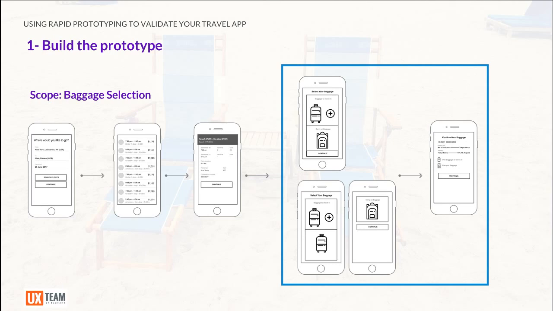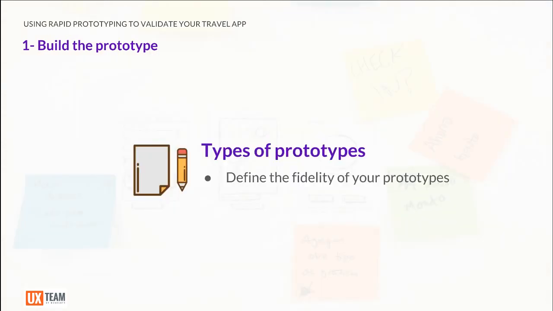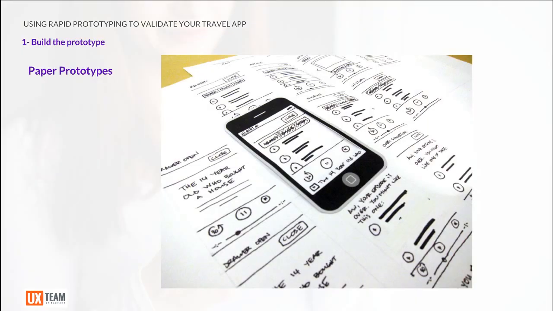But first, we need to define the fidelity of the prototype, and it will vary between two different types. The first one is paper prototypes, and I particularly use these kinds of prototypes to validate ideas, because it allows me to have a one-on-one session with the user and show them just a quick sketch to validate whether the idea in my mind is well represented and if it makes sense to them.